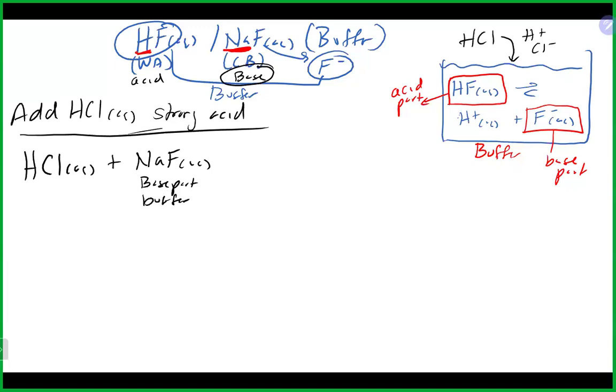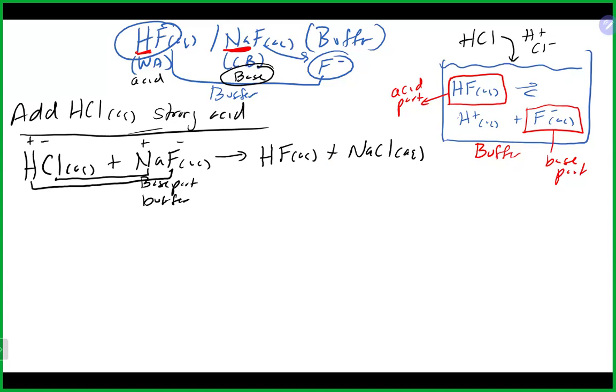And it's going to do a double displacement reaction, as that is a positive and a negative. They're going to switch partners. So we're going to get this and this come together, and now what we're going to get is HF being formed, and sodium chloride is going to be formed when they switch places.